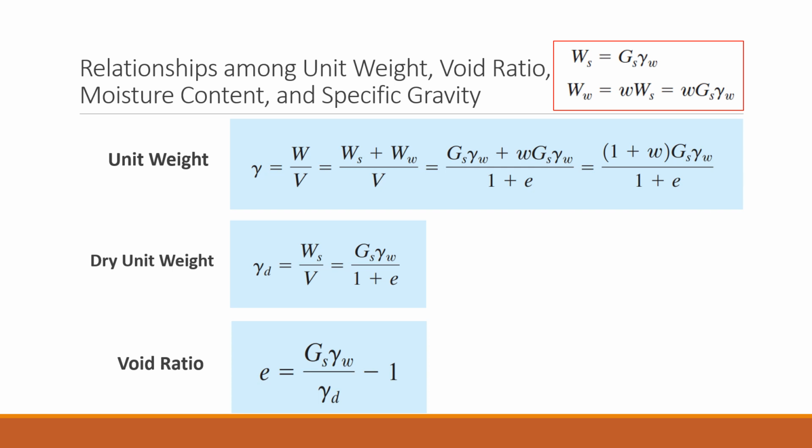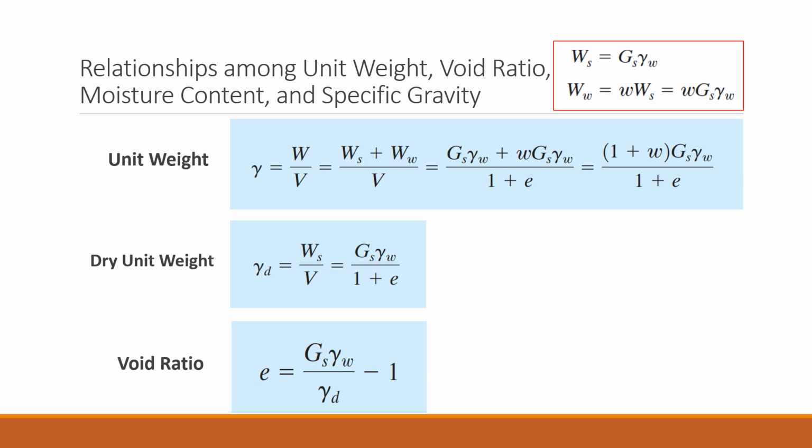Kay basin there are problems na will not give the total weight or the total volume of the solids. However, they will only give the value for the moisture content and the specific gravity and the void ratio, and then you will be asked to solve for the unit weight.